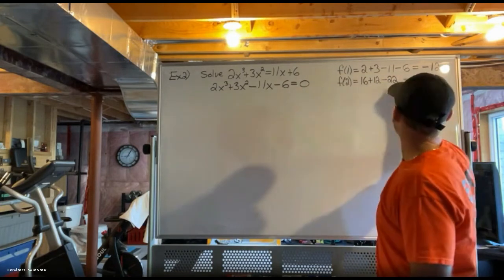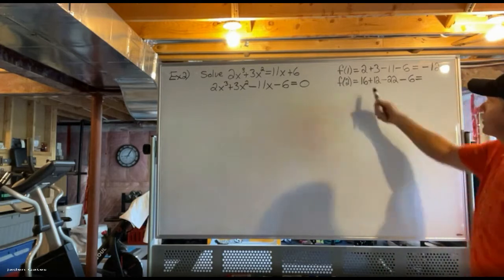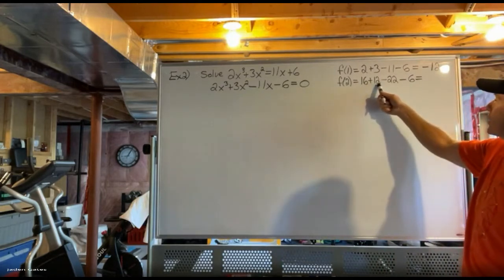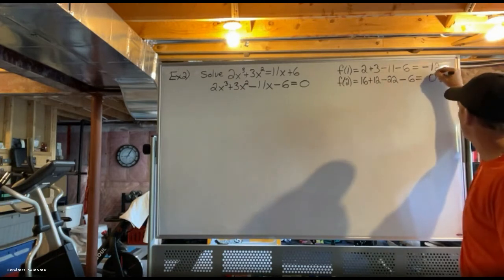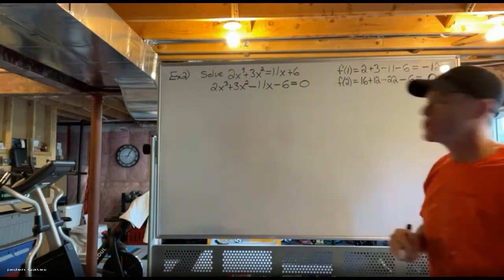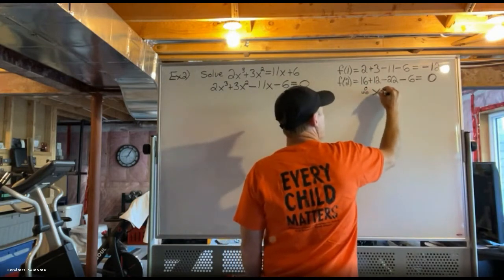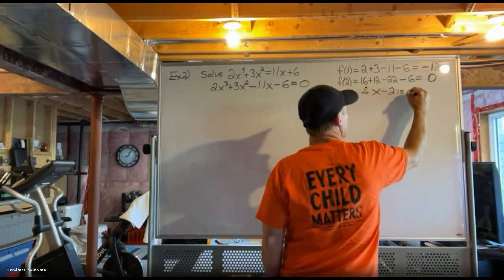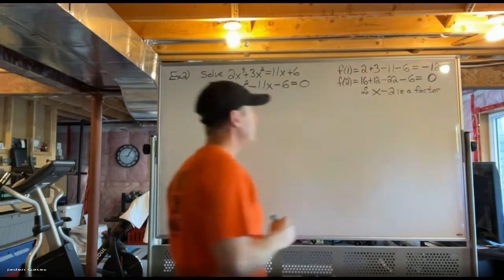And then minus 6. And this time we get 16 plus 12 is 28. Minus 22 is 6. Minus 6, hey, we got a 0. 0 remainder. So that means, therefore, x minus 2 is a factor. Again, that's using the factor theorem.